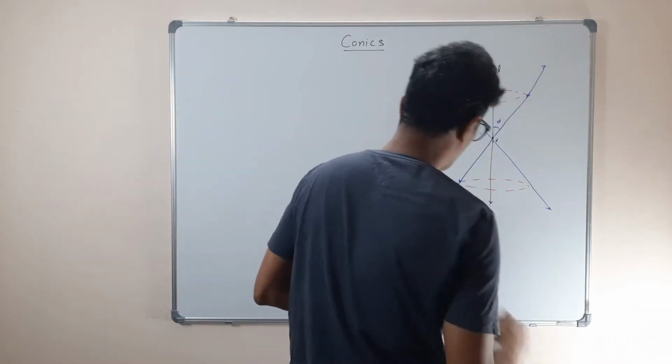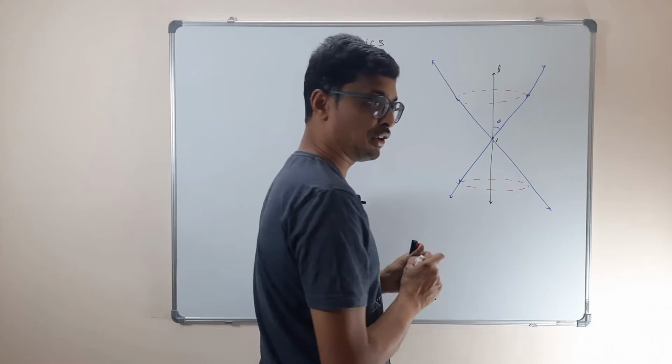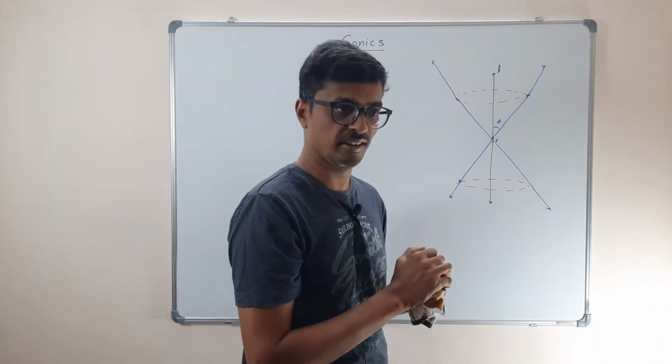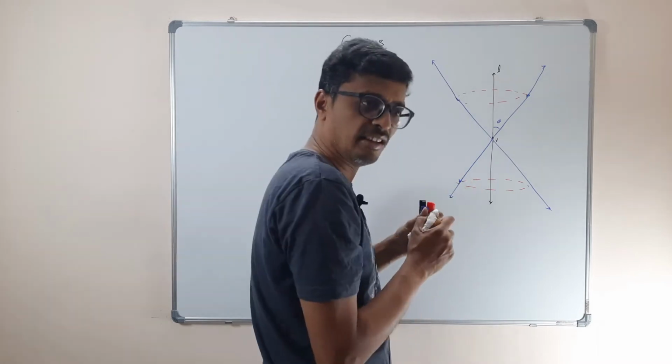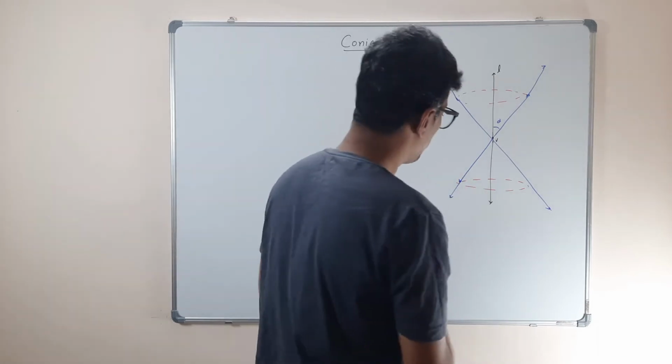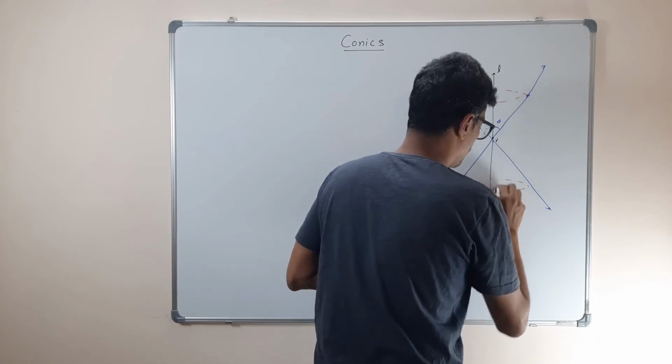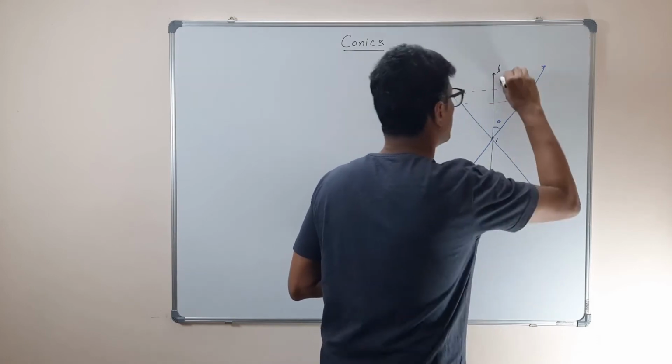You got it? So this is what your cone is. Now, I said conics means what? You are going to intersect this cone with a plane. Am I right? There are many ways I can cut the plane. First thing, let us see how I am going to cut the plane.